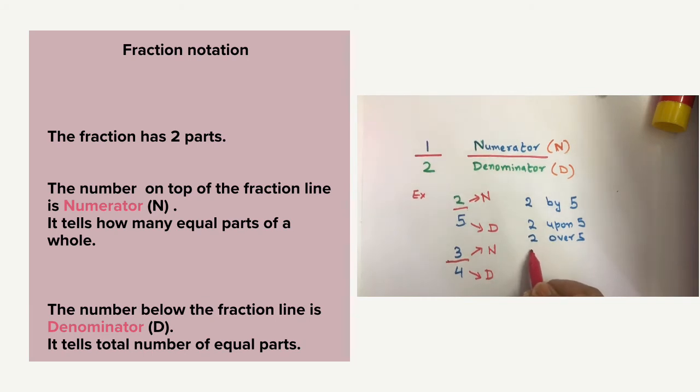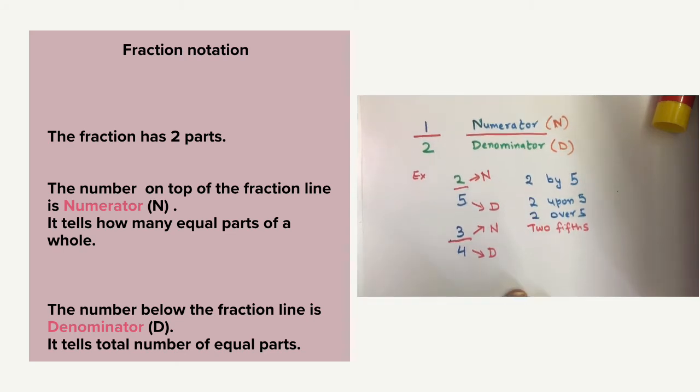And in words, we write it as 2 fifths, as it has 5 equal parts and we are taking 2 out of it. So 2 fifths.